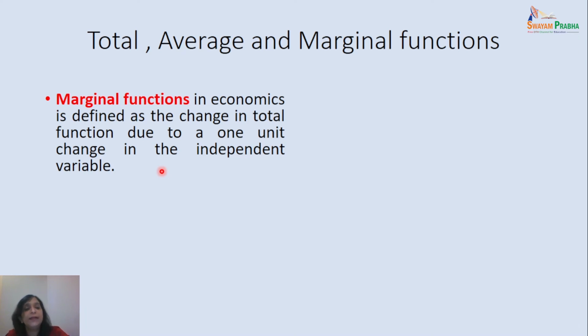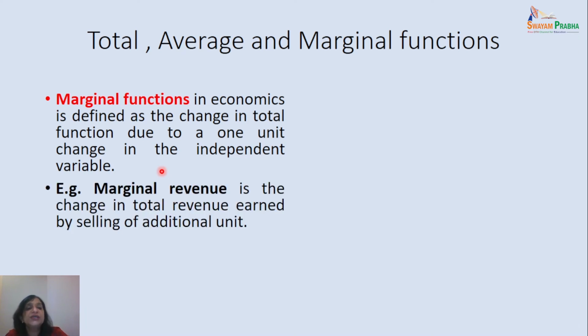To give you a better understanding, I have just taken an example: what is marginal revenue. Of course, when we move forward, we will see what is marginal utility. Immediately in unit 2, we will be talking about marginal utility. Thereafter, we will talk about marginal revenues, marginal cost and marginal product. But just for simplification, I am just taking marginal revenue.